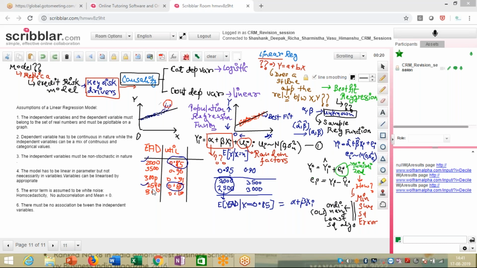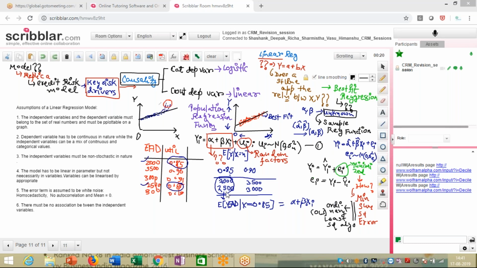Now the moment I draw this table over here, given 0.85, this is a distribution of the EAD, right? So the moment I do that, I'm shifting the distribution to the dependent variable EAD, and this utilization becomes a non-stochastic variable.